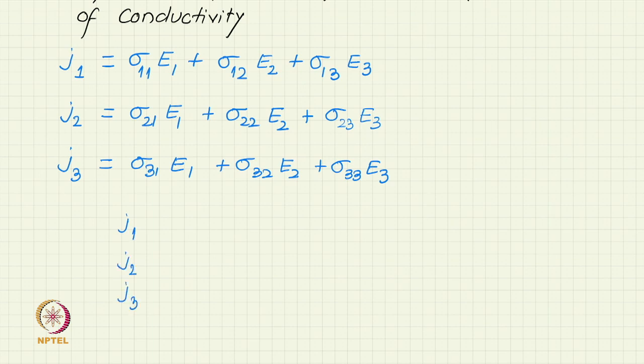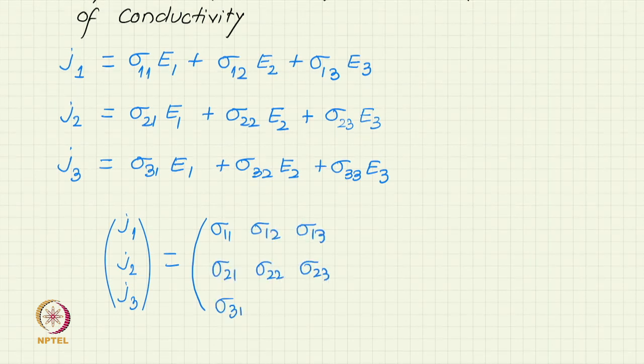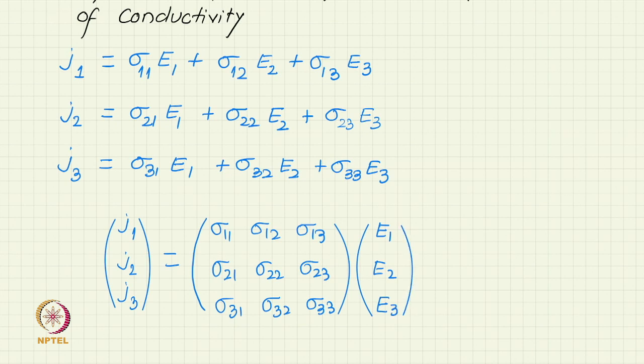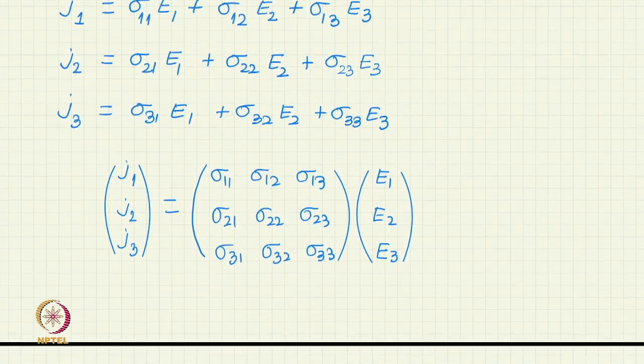We can describe the current density vector as a column vector, and then we can have the conductivity tensor matrix, and then we can have the 3 components of the electric field vector. The 3 linear equations, as we well know, can always be written as a single matrix equation.